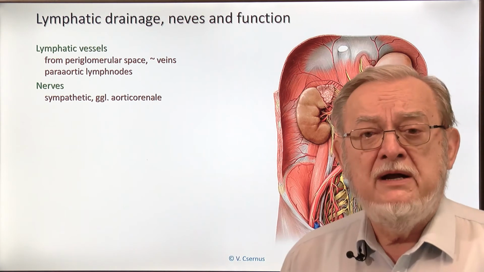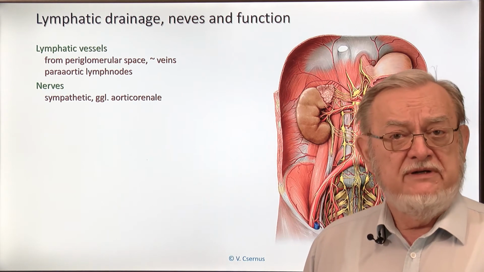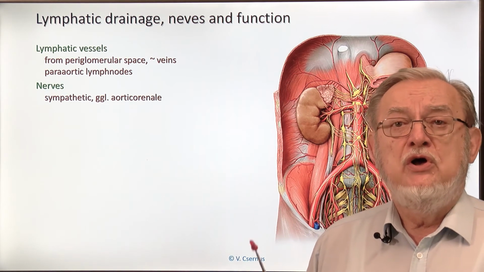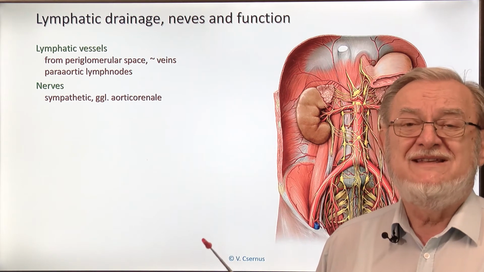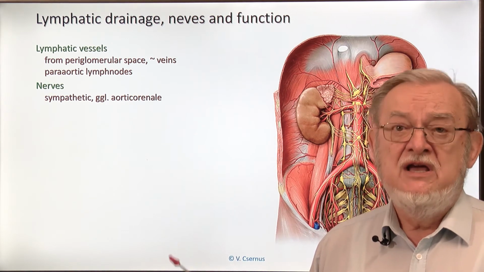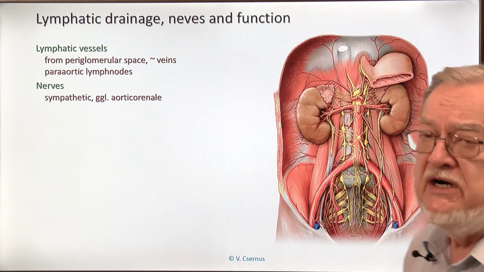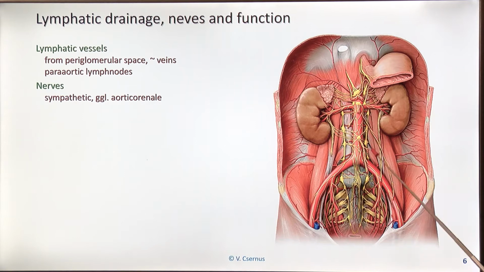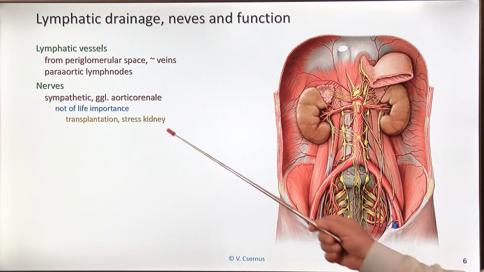You remember the primary task of the sympathetic postganglionic fibers is to control the smooth muscles of the arteries, consequently the blood supply of the organ to which the artery carries the blood. Even although it controls the arteries of the kidney, this is not of vital importance.